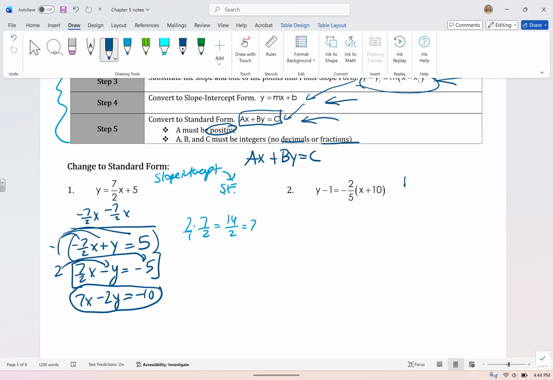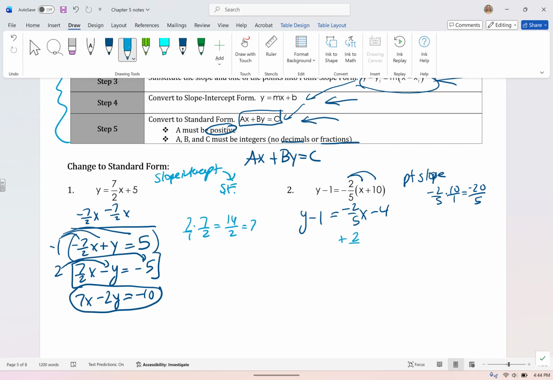This right here is in point slope. To do that, we are going to distribute. Okay, so you get -2/5 x, and then if you do -2/5 times 10, or 10 over 1, times the top, times the bottom, and divide it. Mind your signs, negative times positive is negative. And then what I would say is let's get the x term on the other side because we want the x, then the y equals the number.